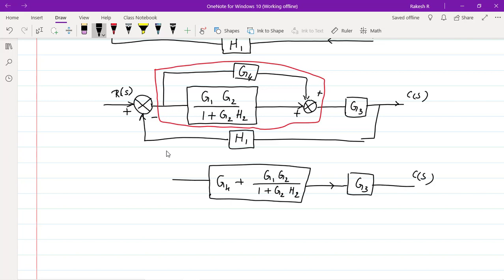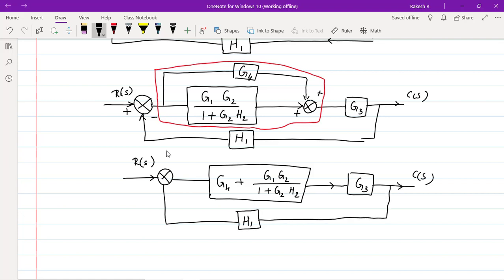We have one more summing point here, and we have input R of S, and we have the feedback here, that is H1. Right.